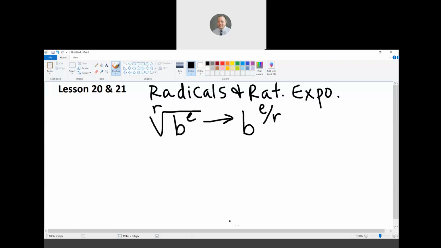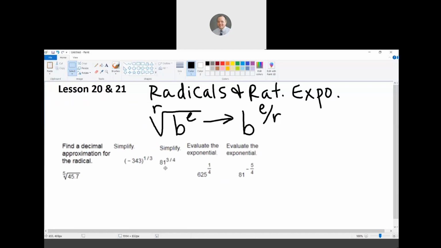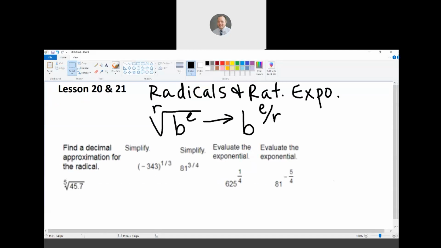Let me copy and paste the first set of problems. And you can either use your calculator for the second, third, and fourth problem, or you can do them by hand.